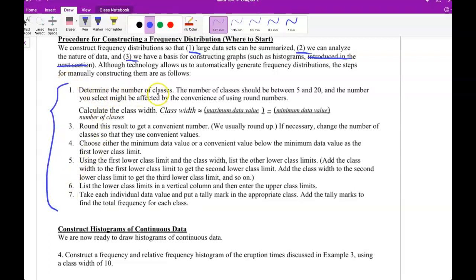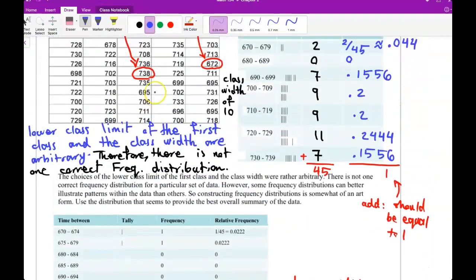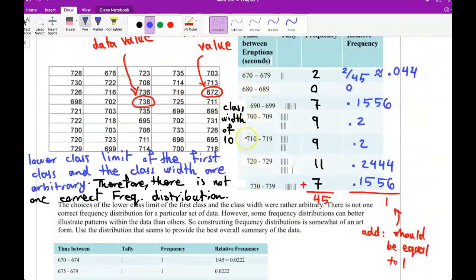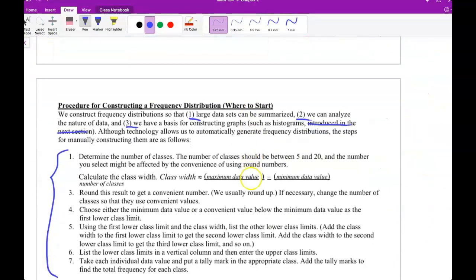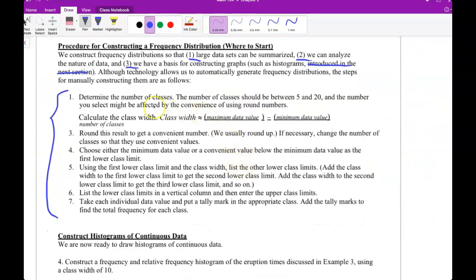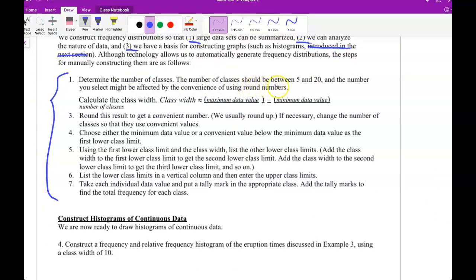Exactly what we did in the previous example: how many classes we want. On the first part, we decided to have 7 classes. So these are the number of classes, and also what the class width is. The number of classes should be between 5 and 20, and the number you select might be affected by the convenience of using round numbers.